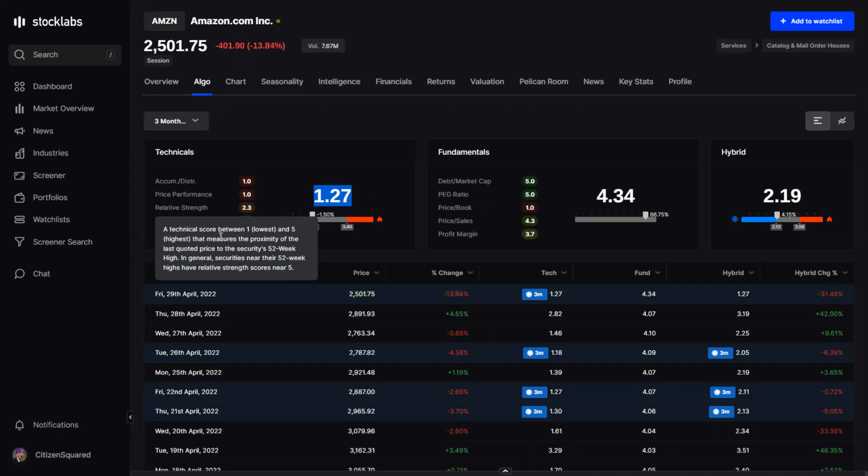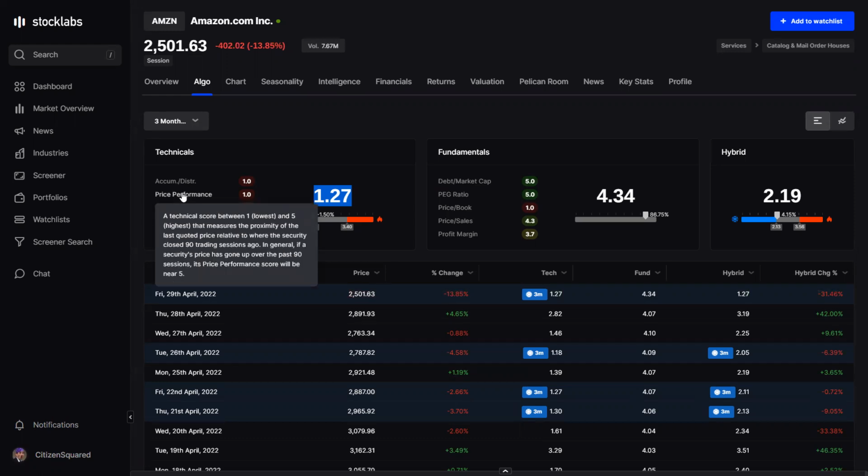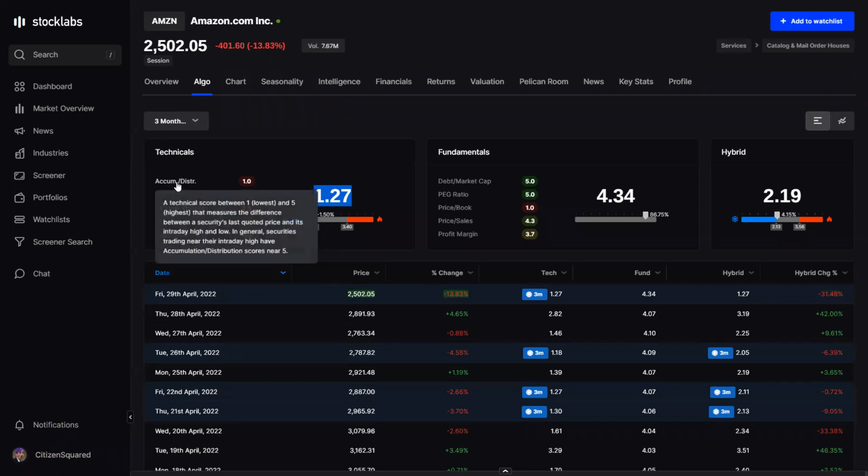Relative strength in this is basically how close it is to 52-week highs. Price performance is just the general trend. And accumulation distribution is if a stock is consistently closing near the high of day.